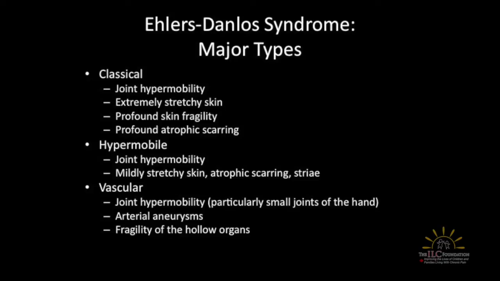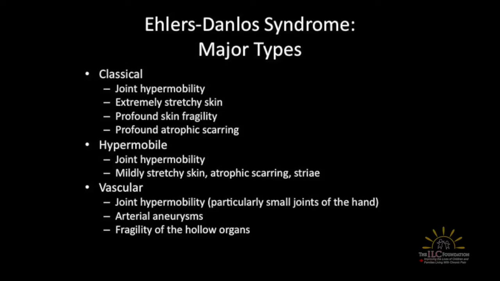And the vascular type also has joint hypermobility, and particularly this can be in the small joints of the hand. But the people with vascular Ehlers-Danlos syndrome also develop arterial aneurysms, and these are typically in the medium-sized arteries of the abdominal cavity, like the splenic artery, the gastric artery, and the hepatic artery.